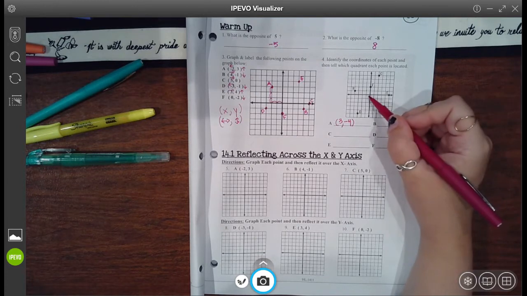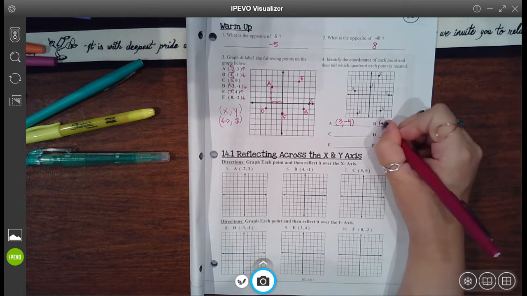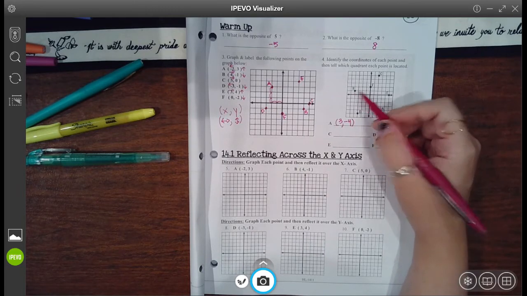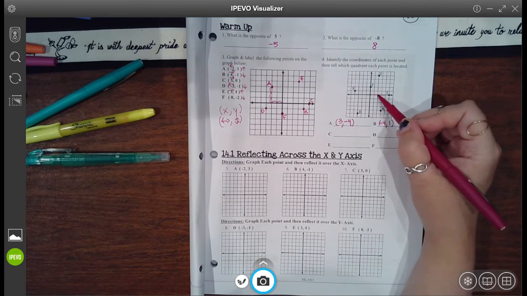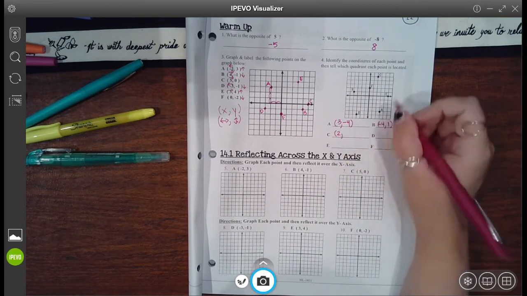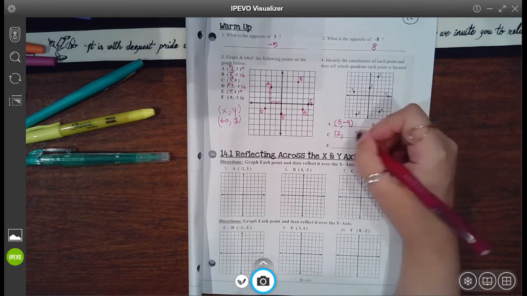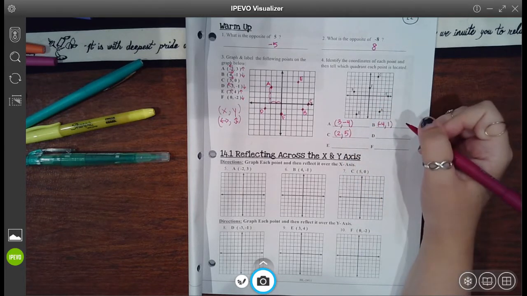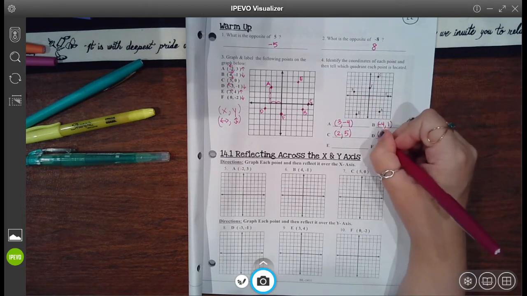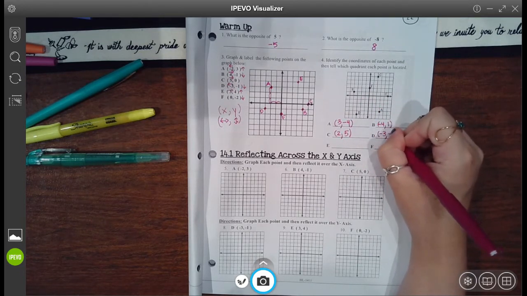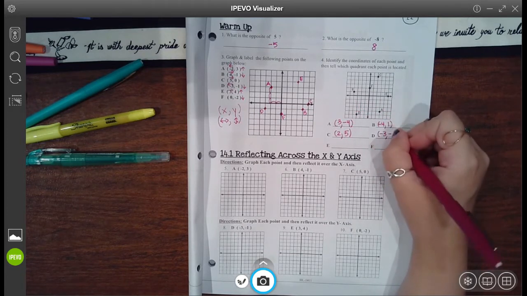Okay, B, they moved left 1, 2, 3, 4 and up just 1. C was right 1, 2 and up 1, 2, 3, 4, 5. D was to the left 1, 2, 3, so negative 3, and then down 1, 2, 3, 4, 5.